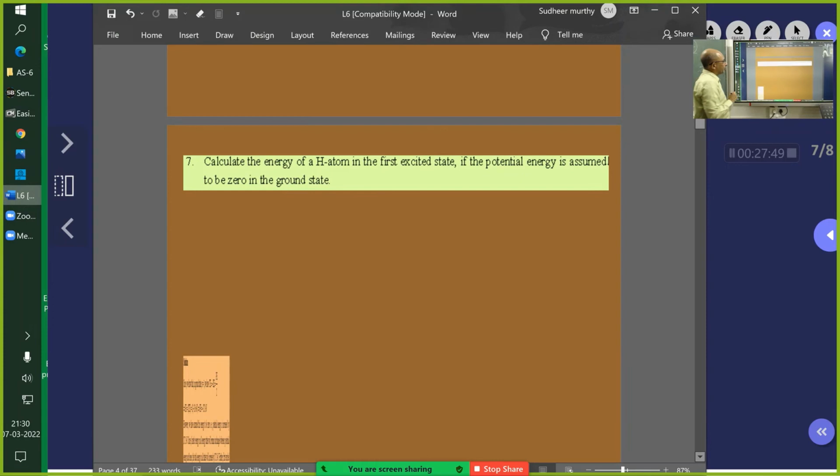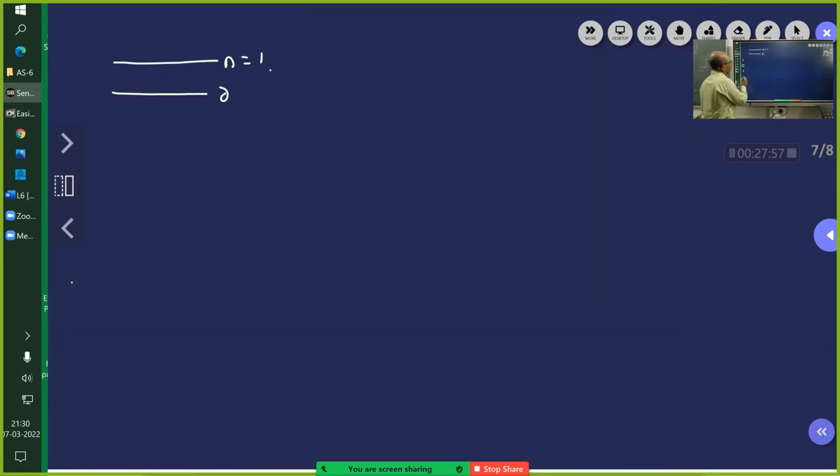Now calculate the energy of the hydrogen atom in the first excited state, if the potential energy is assumed to be 0 in the ground state. So the first excited state is this, n is equal to 2. Now they are asking what is the total energy of this.